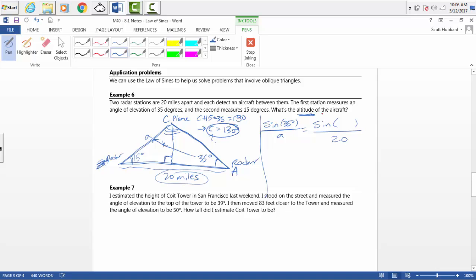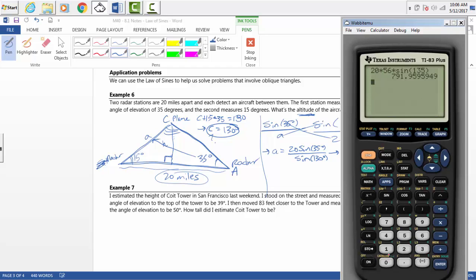Now I know my angle is 130. Again, cross multiply, and you get A is equal to 20 sine 35 divided by sine 130.